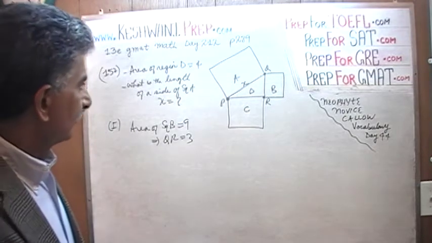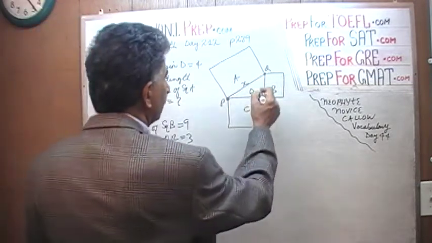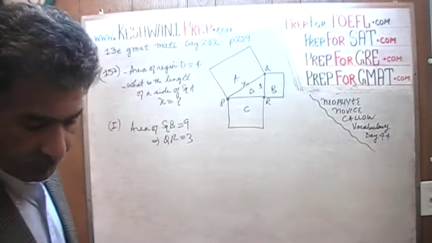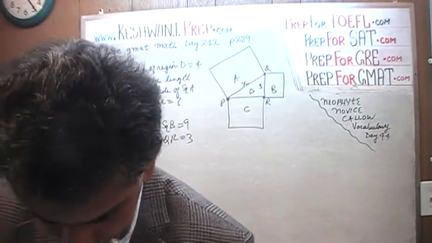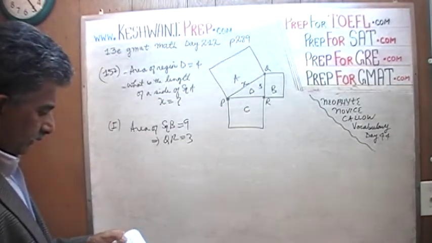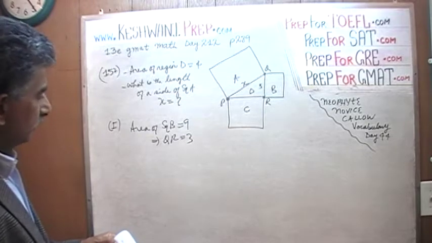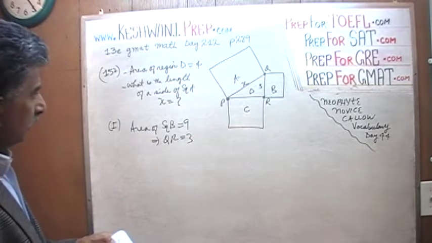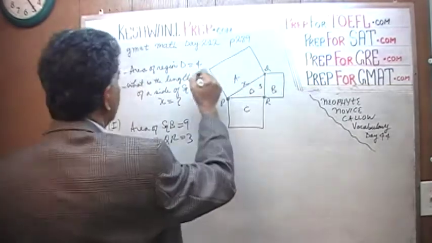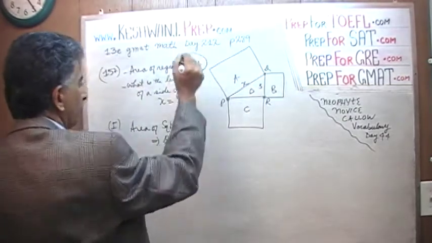Q to R is 3. How can we find X from that? Oh, that's pretty straightforward then. Q to R is 3. Let's put it here. Is there any way we can figure out P to R? We know that the area of PQR, we are told, is 4. We're going to make use of this part.